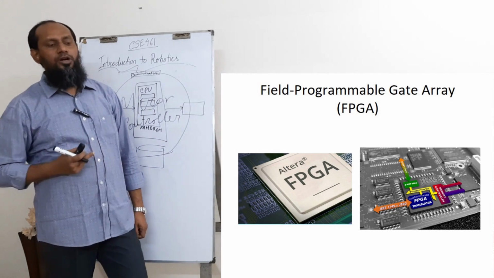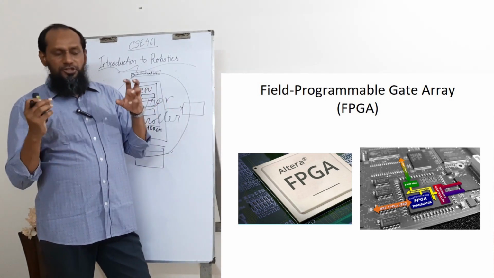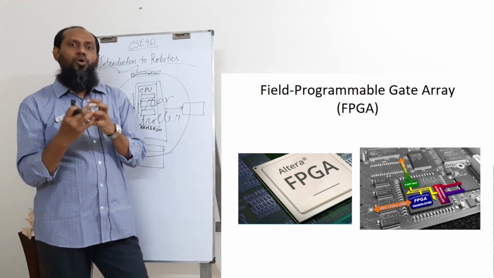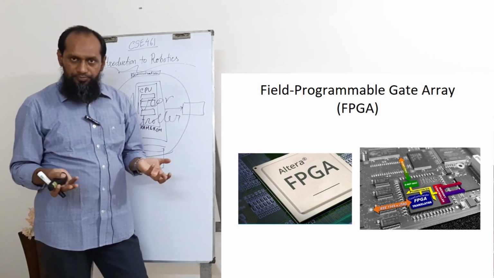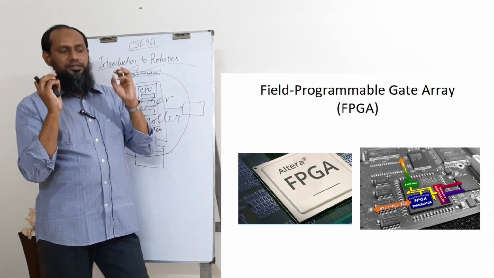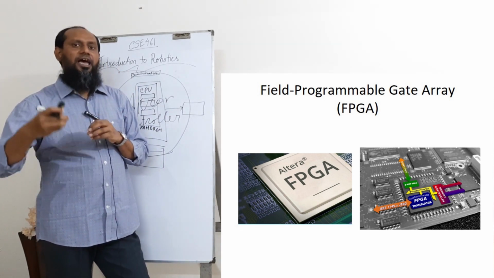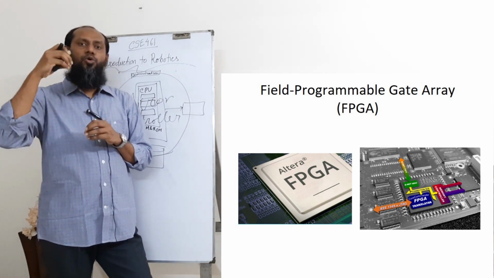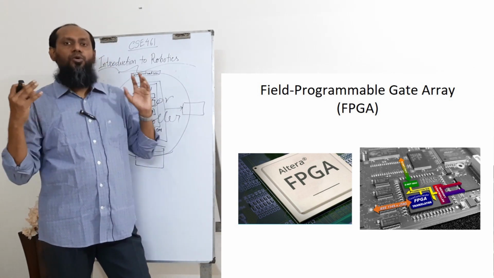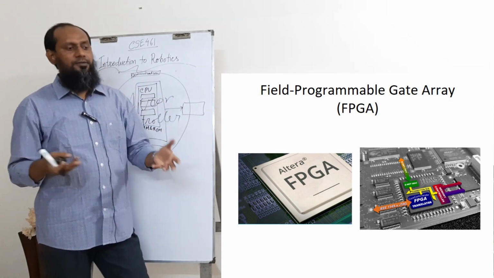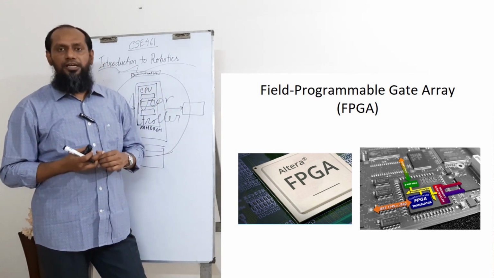Okay, and now FPGA. FPGA is field programmable gate array. This is a chip where you can build your own digital logic circuit. Once again, this is a chip where you can design and implement your own chip. You can build your own processor. You can build your own logic circuit in this field programmable gate array.